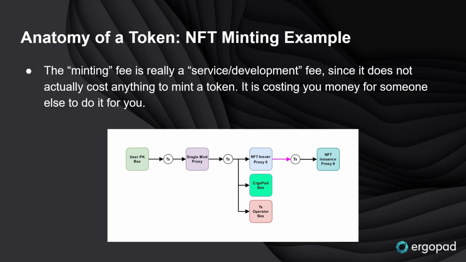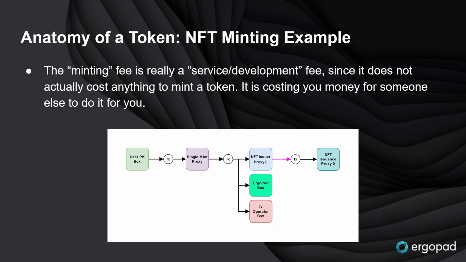Usually you'll sometimes hear there's a minting fee, but if you were to interpret this literally, this is incorrect. It is really a service or development fee, since it doesn't actually cost you to mint anything. What's costing you money is for someone else to mint it for you.